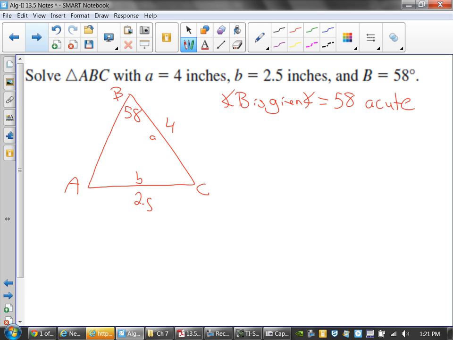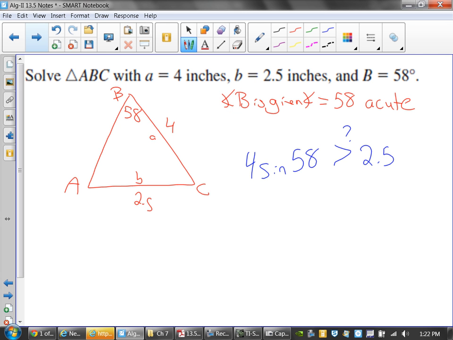So what we do here is we just check. Take the other side, which is 4, times the sine of the given angle, and see, is it greater than 2.5? That's the first one we check, because if it's greater than 2.5, we know we're not going to have a triangle.